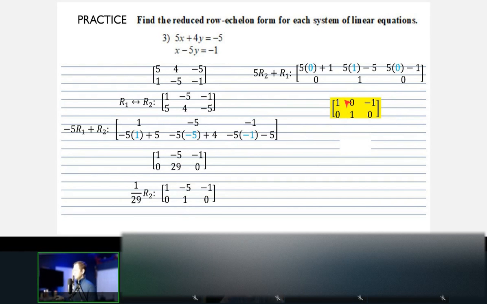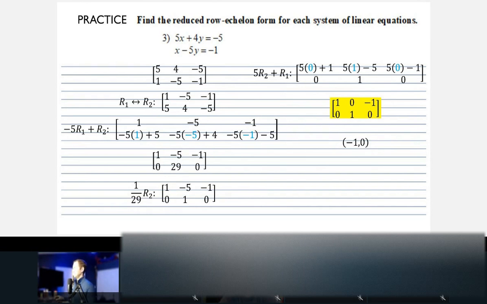So looking at this augmented matrix, what is the solution in ordered pair form? X comma y. What is the answer? -1 comma 0. Yeah, that's correct.